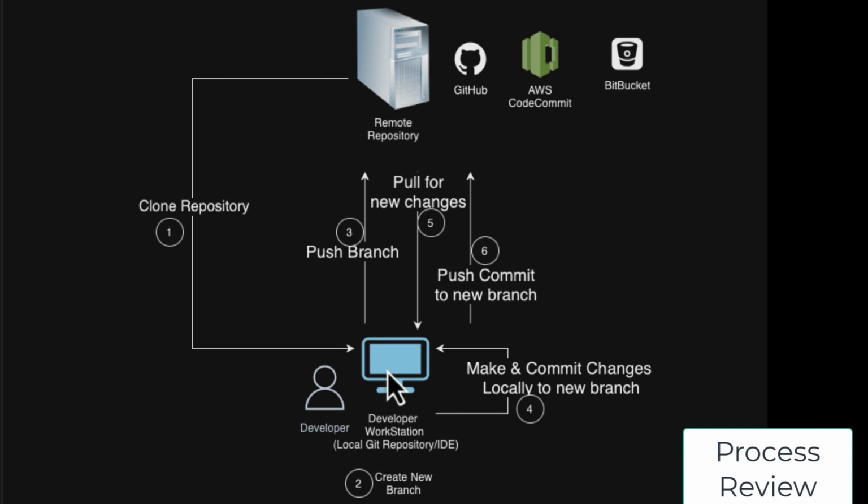Using git clone, you can copy the remote repository to your local workstation. Once you have a copy of the repository, you can choose to create a branch so that you can work on your feature without impacting the main branch. Once you create a branch, and if you are working with multiple developers, then it's a good idea to push your branch back to remote so that other developers can also access that branch. Then from your local workstation, you can keep working on your local branch.